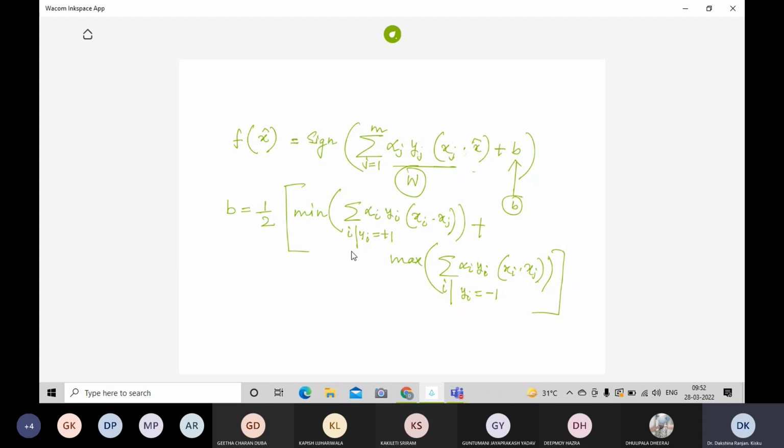For the positive class, we are determining the minimum of this summation over alpha i yi xi xj, and we are determining the maximum over the summation alpha i yi xi xj when yi equals -1.